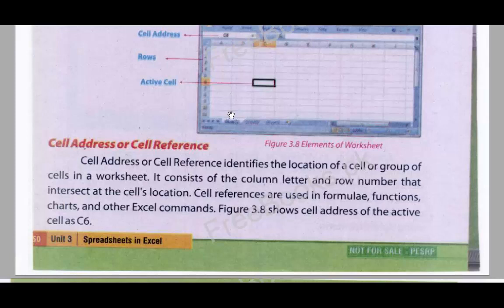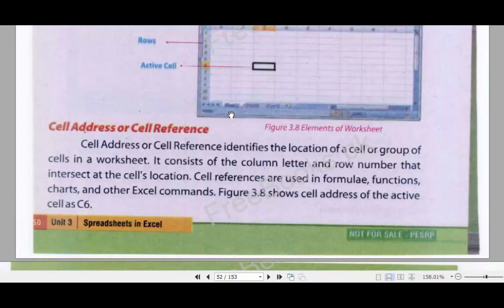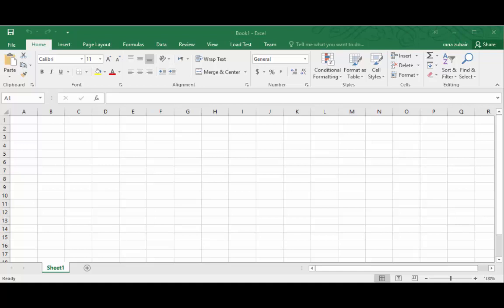Let me show you a quick example in Excel. So this is Excel 2016. What today we have learned is about formula bar. So if we want to see formula bar, we first have to click this. This is the cell, columns.